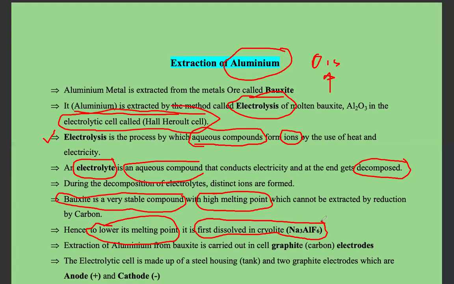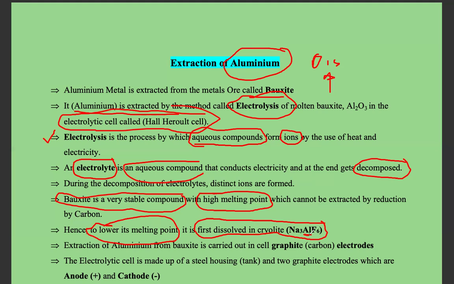Cryolite is another metal ore for aluminium, and we can clearly see that aluminium is present. Cryolite is sodium aluminium fluoride. The reason we do this is to make sure that the melting point of aluminium oxide, or bauxite, is lowered, so that we minimize the cost.